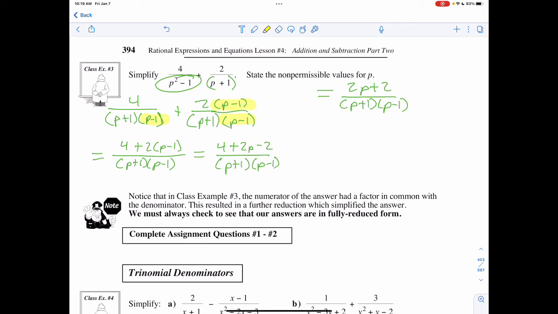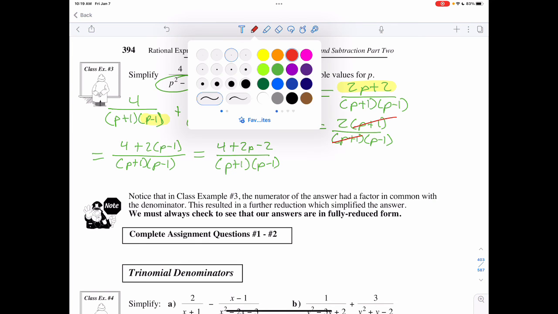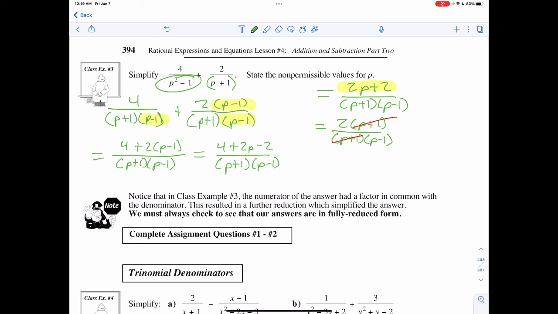Once I get to this point, I got to double check and see, can I factor this down? Yes, I can. And I'm going to get 2 times p plus 1 over p plus 1, p minus 1. And we can see that we have a common factor in the numerator and the denominator of p plus 1, which means that this is going to leave me with 2 over p minus 1.